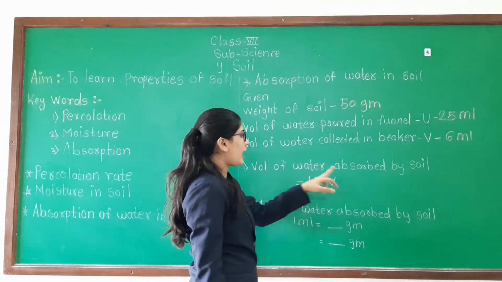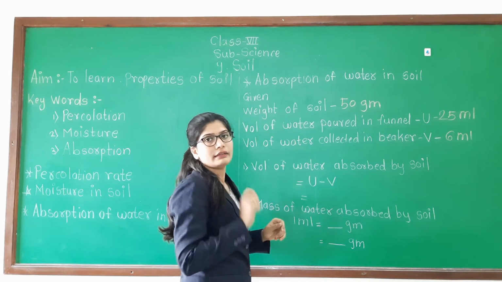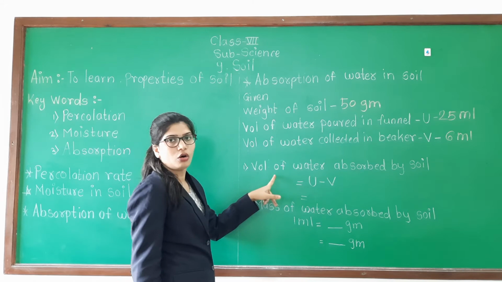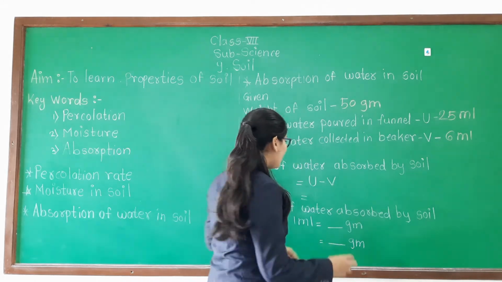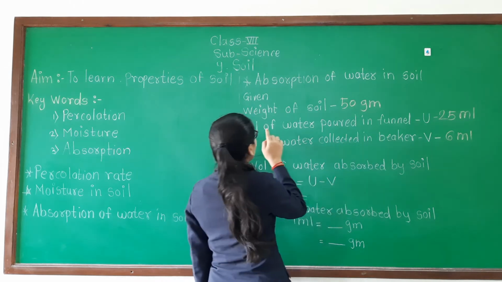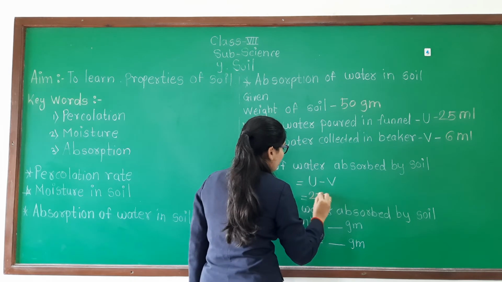Now what you have to do? Volume of water absorbed by soil. This first value you have to take out. Volume of water absorbed by the soil. So U means the volume of water poured in funnel, so write that 25.